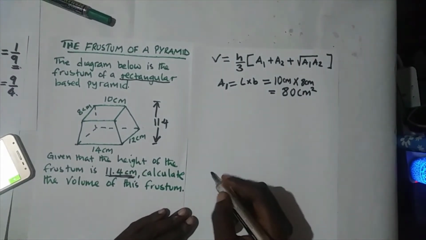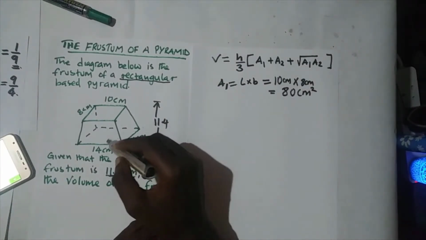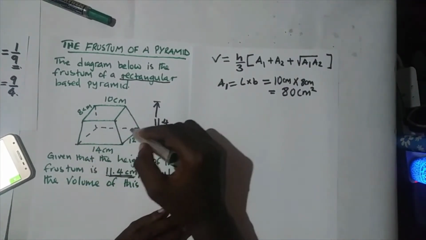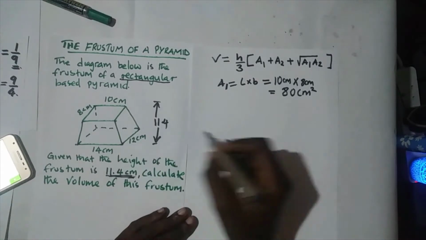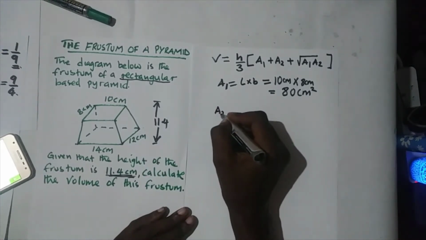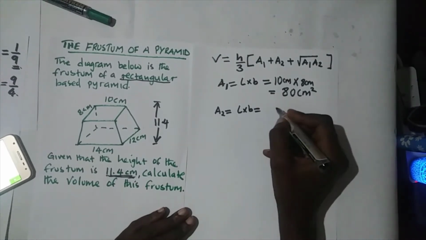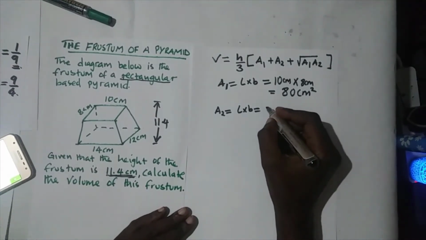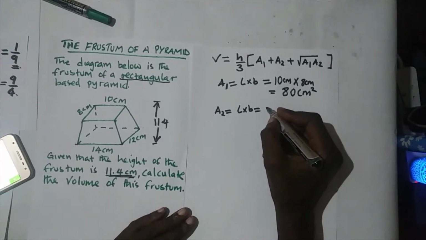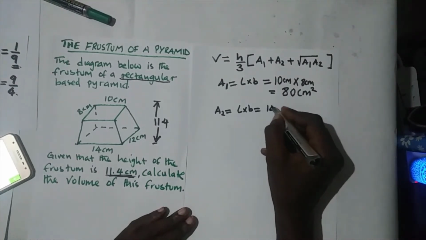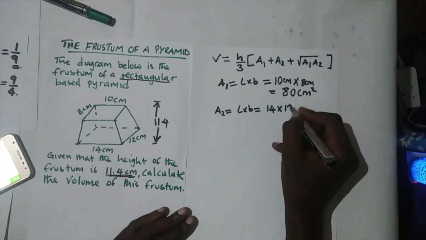And then our area 2 is for the bottom rectangle on this frustum. Area 2 will be equal to L times B, the same formula. So you are going to multiply length times breadth. Our length is 14 by 12.